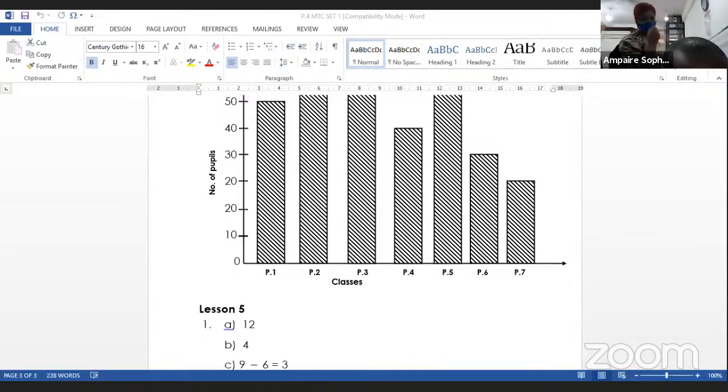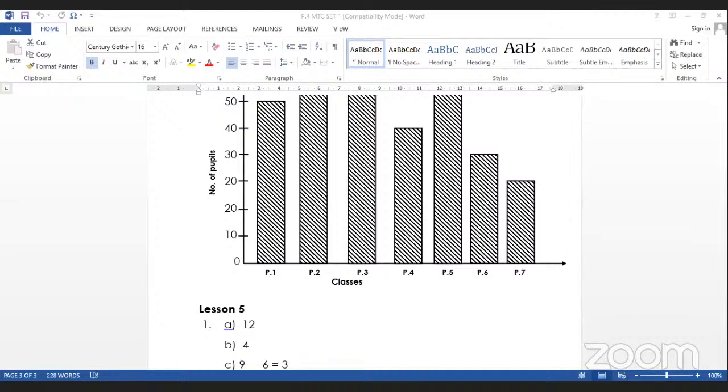Who had the lowest number of marks scored? Nyangoma? Who had the lowest number of marks scored? Not there. Nabukwasi? 50.